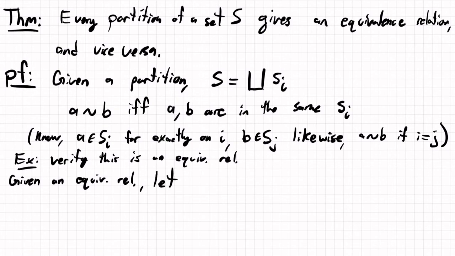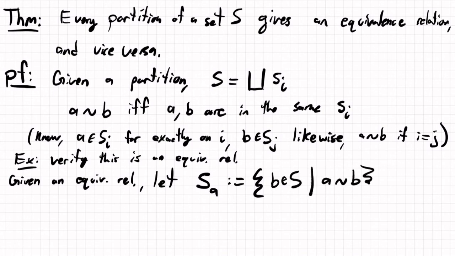So let's call it S_A, and I'm going to define this as, one quick note on notation, when you have this colon equal sign, generally that means you're defining whatever's next to the colon. So S_A is defined as the set of B in S such that A is equivalent to B. So that would be S_A.